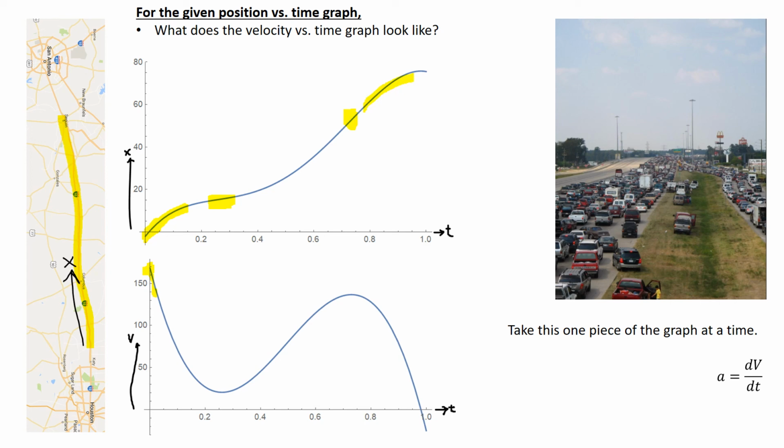Even to the very top, the slope actually goes to 0 at the top and starts coming back down, which would be a negative slope, or turning around and going the other way is what that would physically mean. So for these graphs, just take it one little piece at a time and walk from point to point, slope to slope, and visualize what is happening in each time period in these graphs.